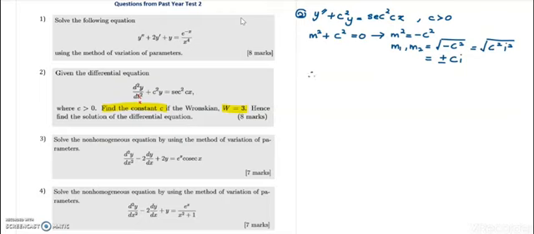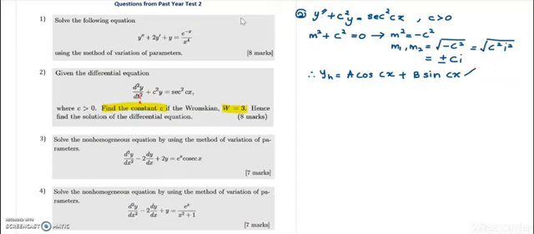We have complex roots here, therefore our yh is e to the power 0x, we don't write that one, and then we have A cos cx plus B sine cx.